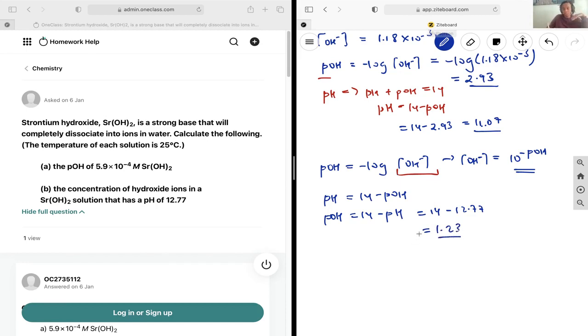And so to get the concentration of hydroxide ions, it's going to be 10 to the power of negative 1.23. And that is going to give us a final answer of 0.0589 molar, and that's going to be our final answer.